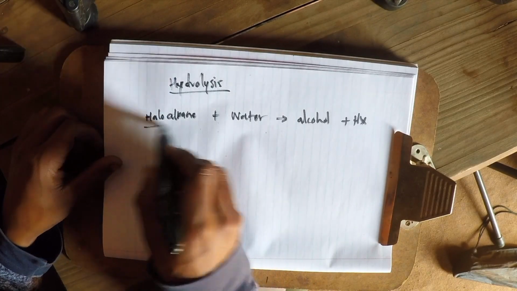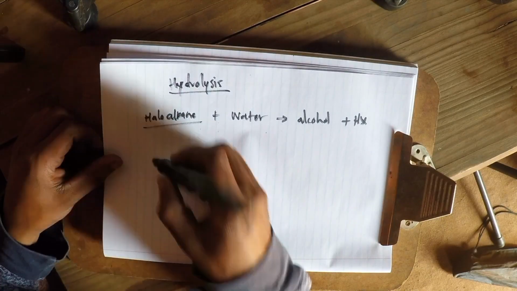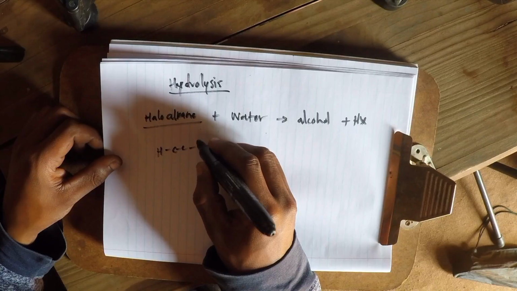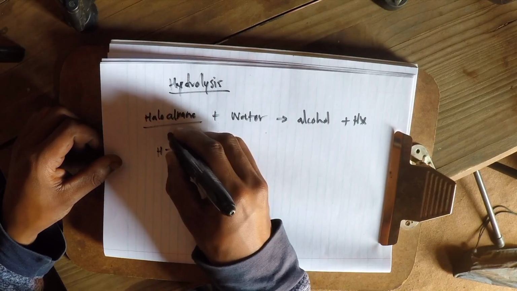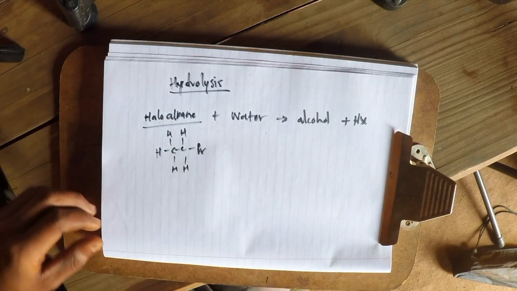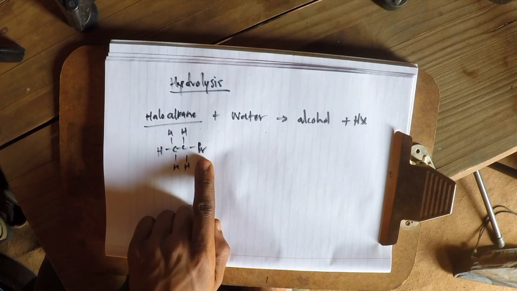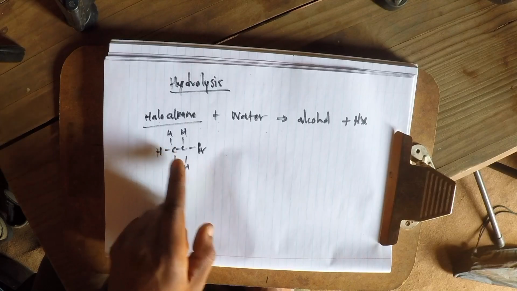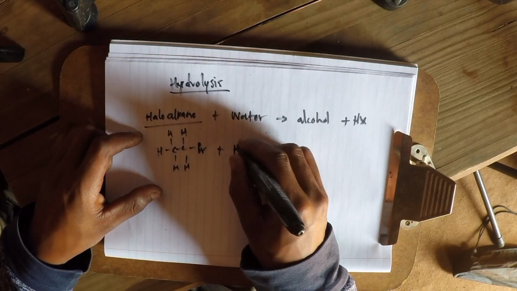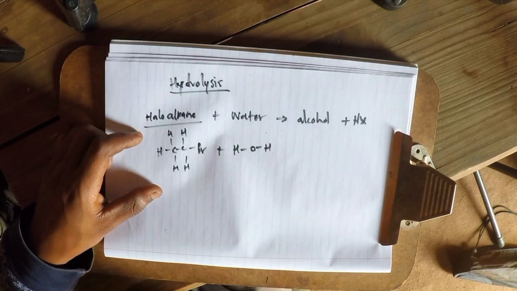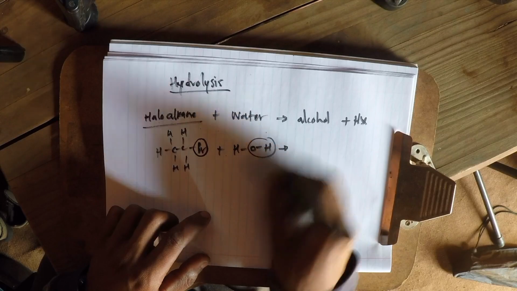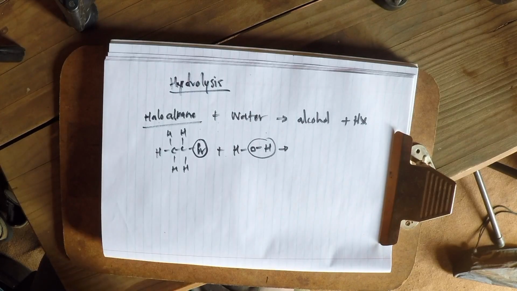So for now, what we have is a haloalkane. For an example, what we had, Br. So we had bromoethane. With bromoethane, you can add water. And by adding water to bromoethane, the bromo and the OH will substitute.